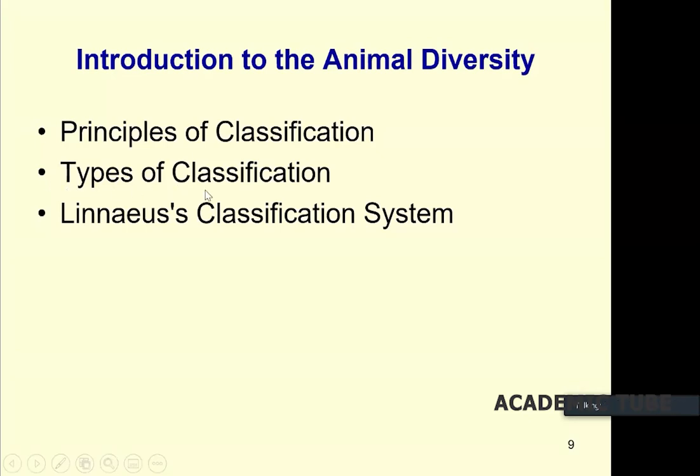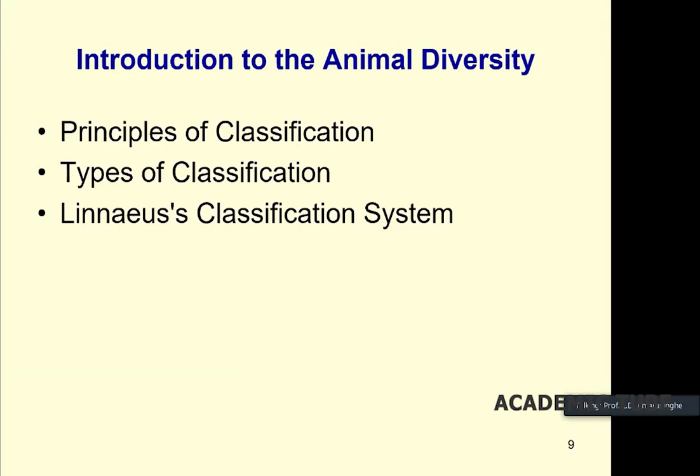And the types of different classification used in old days, and the classification system we are using today. That is linear classification and how it has improved after several years of time. So the introduction to animal diversity starts with principles of classification of organisms, the types of classification of organisms and the linear classification system.